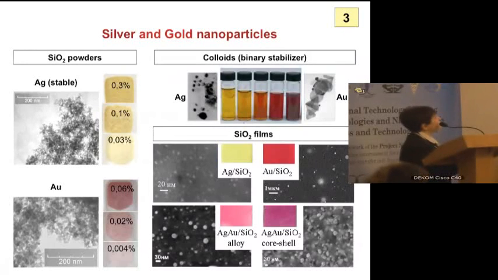In this case, they are saved for a very long time. And we used a bimetallic composite stabilizer, bimetallic silver-gold on silica, as well as in colloid state in the form of alloy and core-shell.